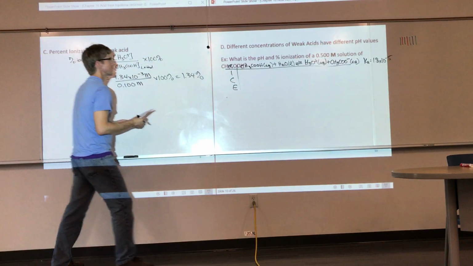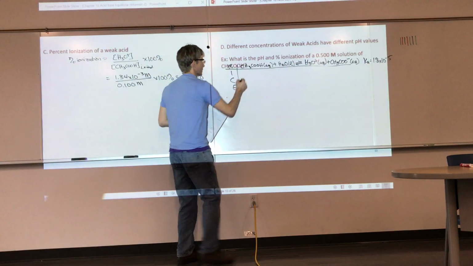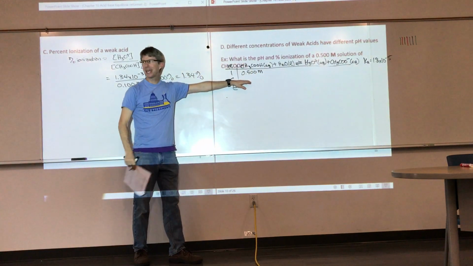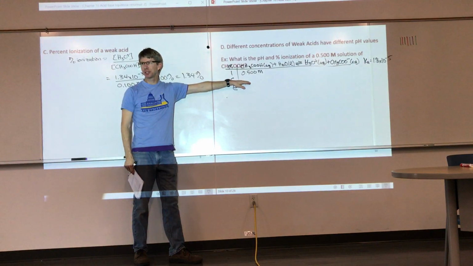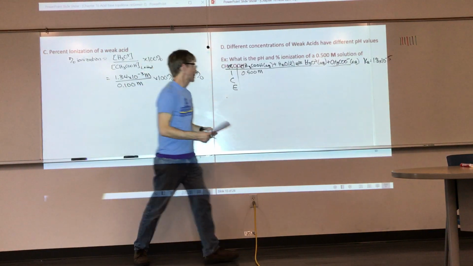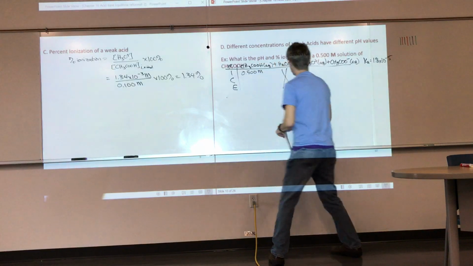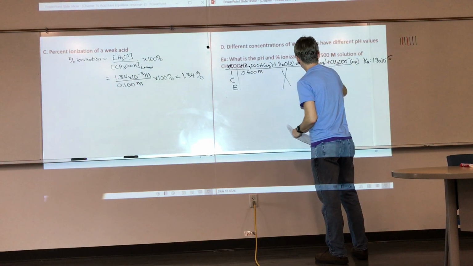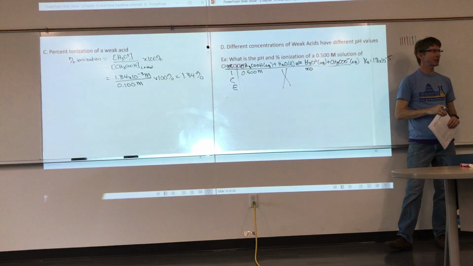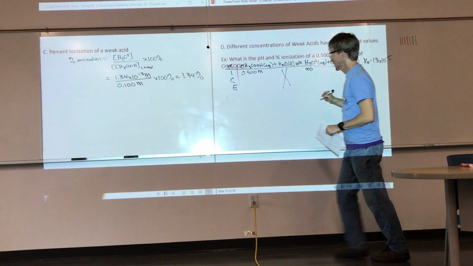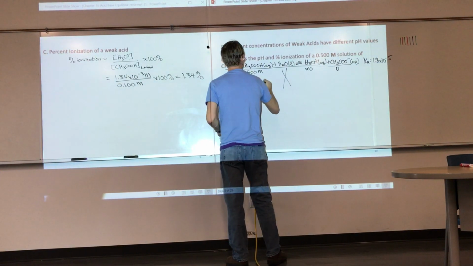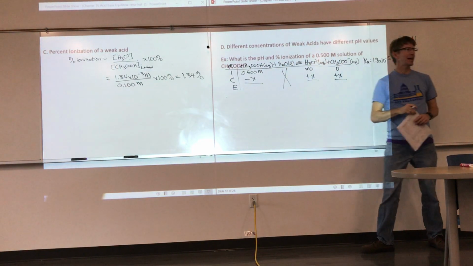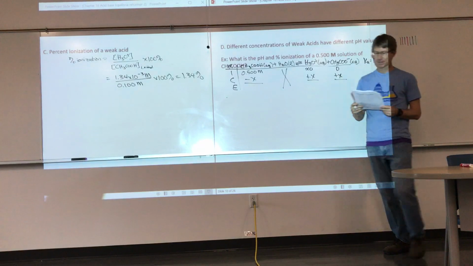But now we're starting with 0.500 molar. We still don't care about the liquid. The hydronium still starts at approximately 0, acetate 0. Very similar to the last problem as far as the setup.